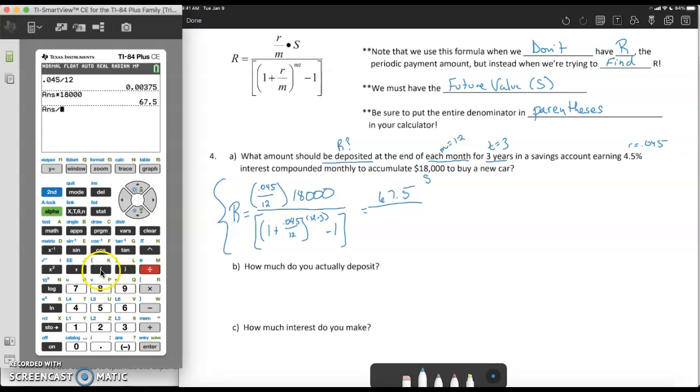So I'm going to say divided by, I need an opening parenthesis for the bracket, and then I need an immediate second parenthesis for this parenthesis set that has 1 plus 0.045 over 12 in it. Close up that inner parenthesis to the 12 times 3 is 36, so I'm going to make my life a little bit easier there.